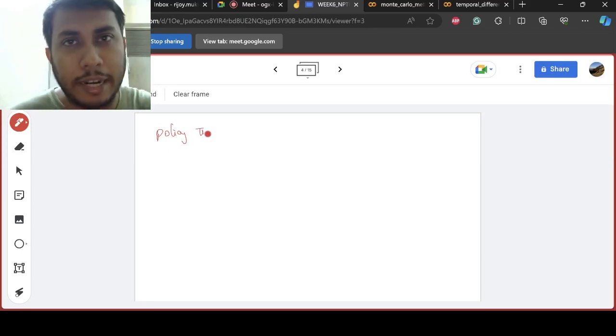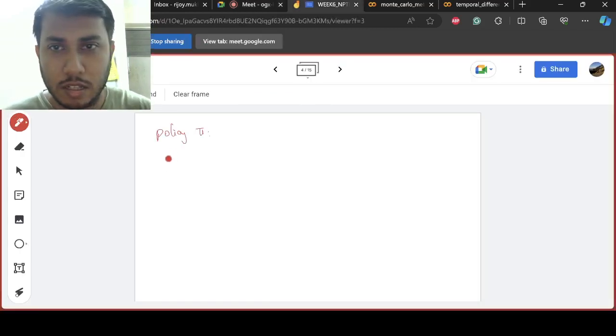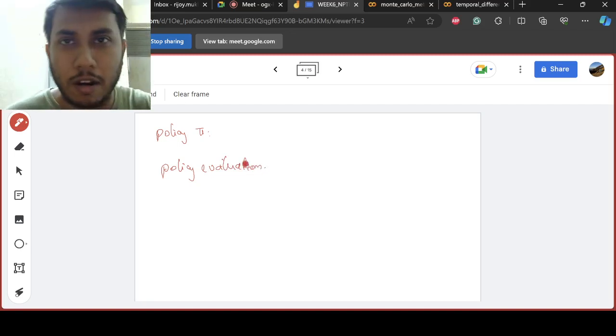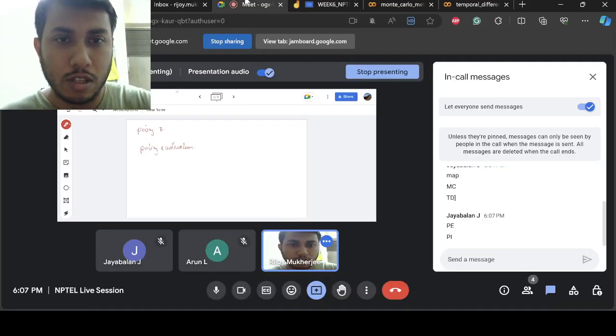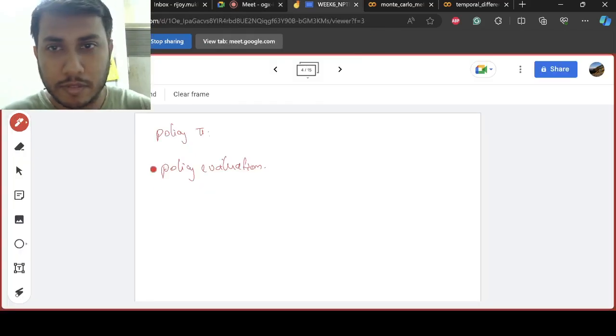What are the methods we tried? We tried something called policy evaluation. Given a policy, we need to check how good that policy is. That is policy evaluation.